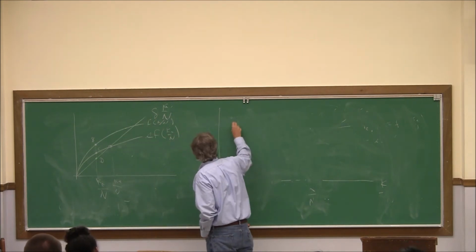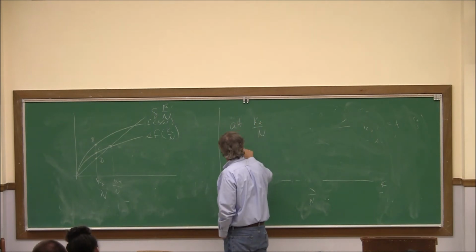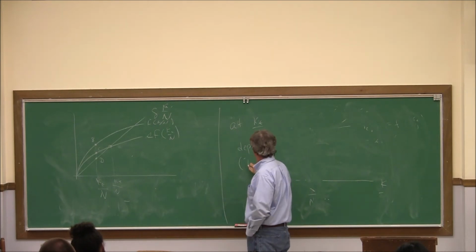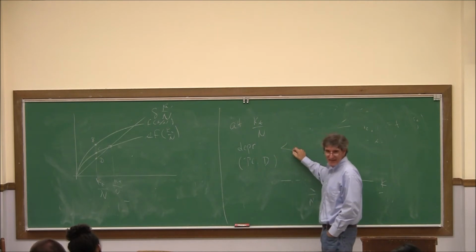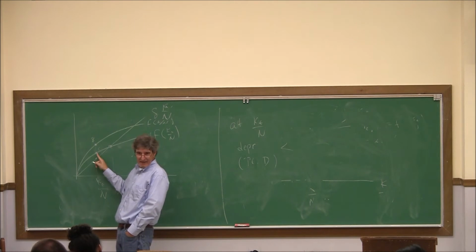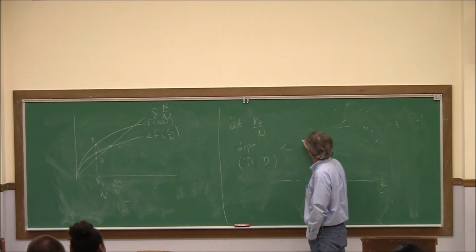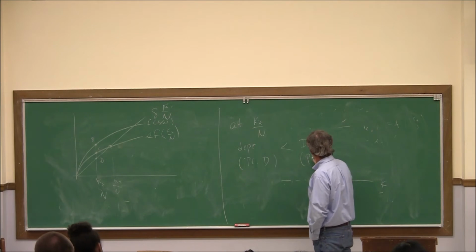So at k_t over n, the depreciation, which is point D, is less than, what's this give me? Investment. That's the new stuff. Is less than investment, which is point C.